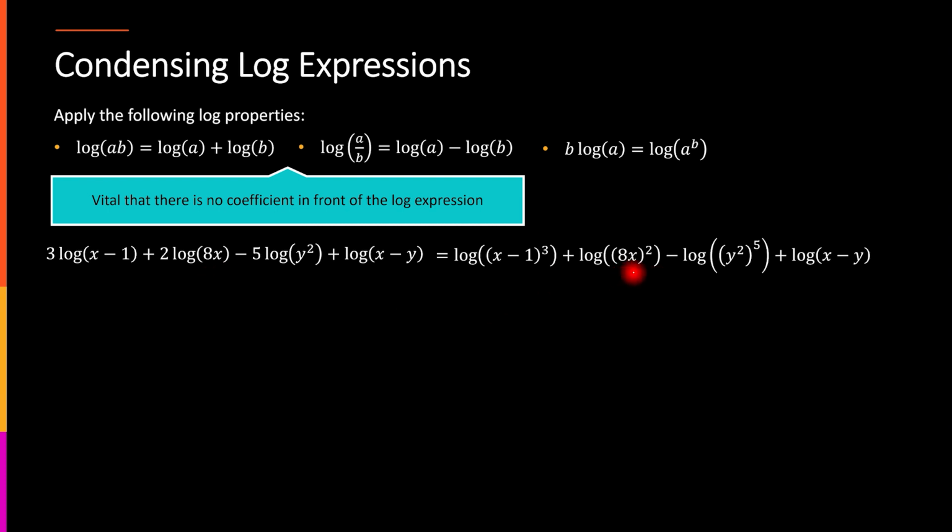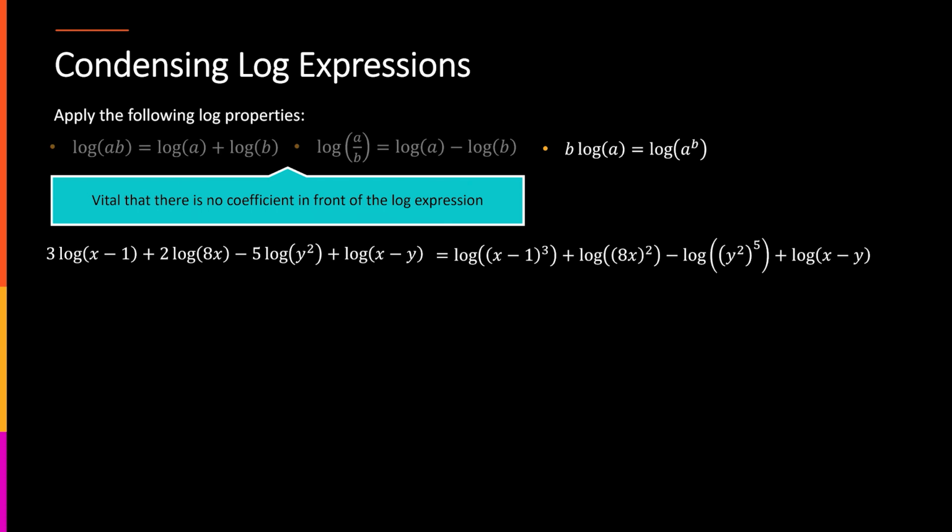It's not 8x squared, it's 8x quantity squared, meaning I'd get 64x squared, okay? And likewise, if I have something like 5 log of y squared, that's y squared to the 5th. So I'm going to have to multiply those in order to get them to one actual value.